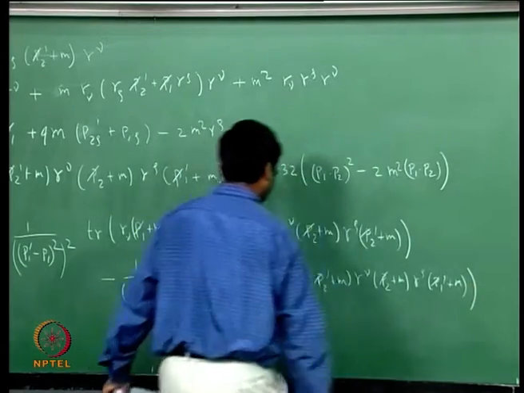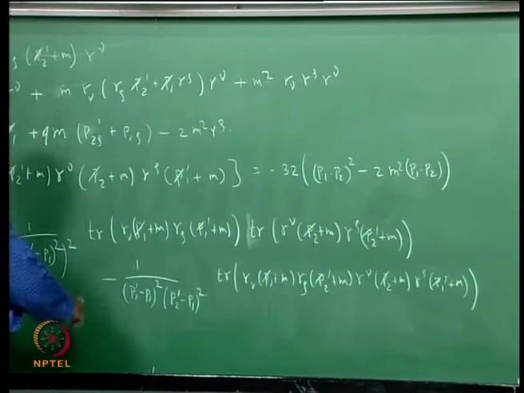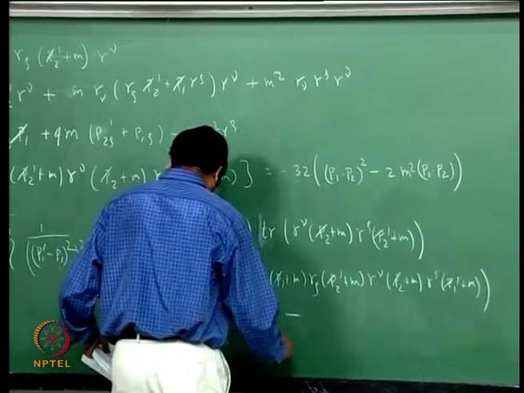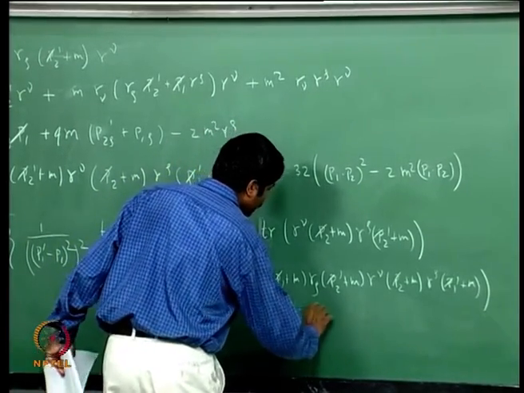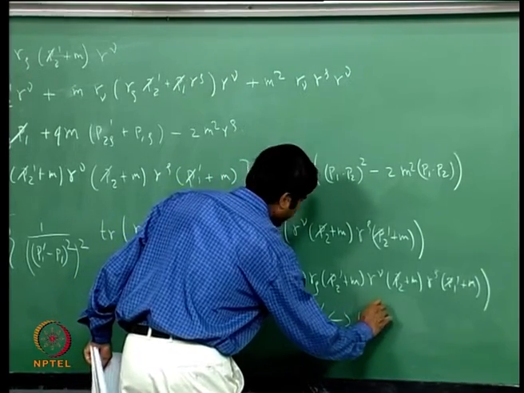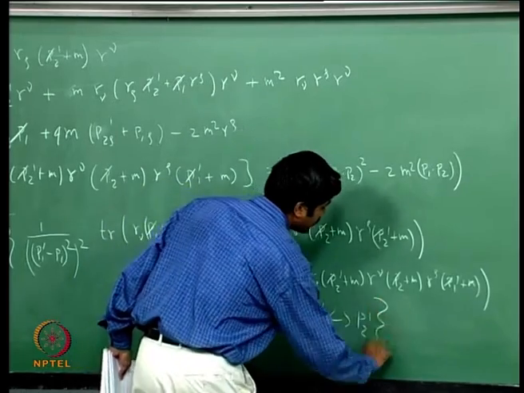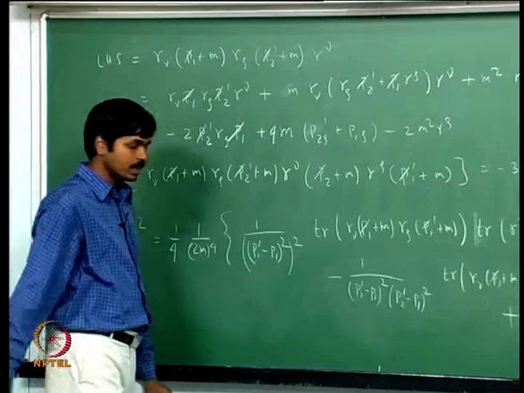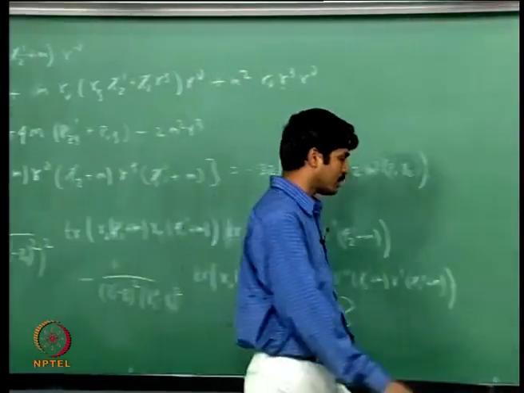These are the first two terms, and then the remaining two terms are obtained from these two by exchanging P1 prime with P2 prime. So, this is the expression for mode m square average.